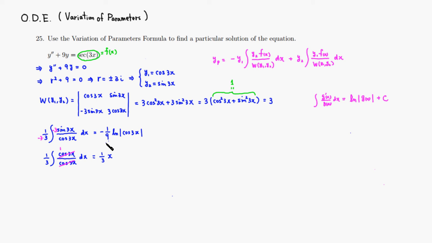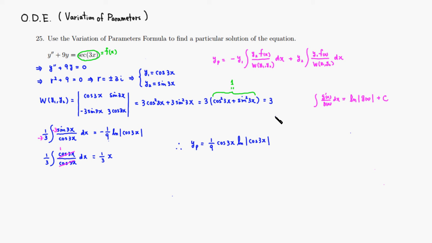Then we're almost done. We know that the particular solution yp is equal to negative y1 times the first integral. The negative and the negative cancel out, so you have 1/9 times y1, which is cosine of 3x, times the natural log of the absolute value of cosine of 3x.